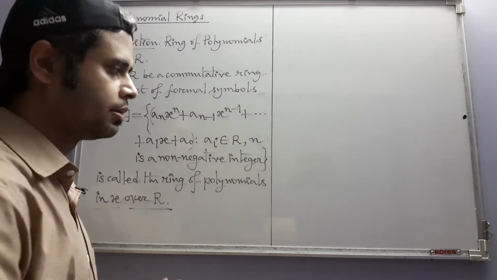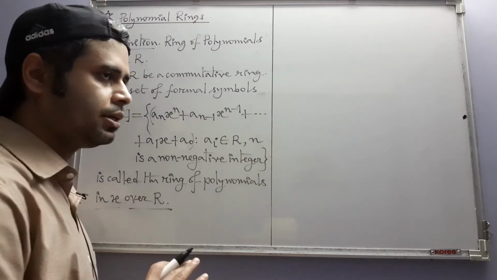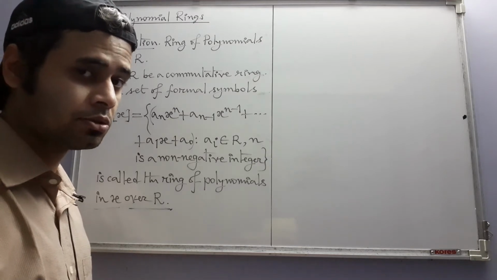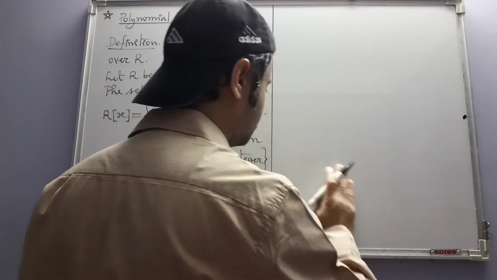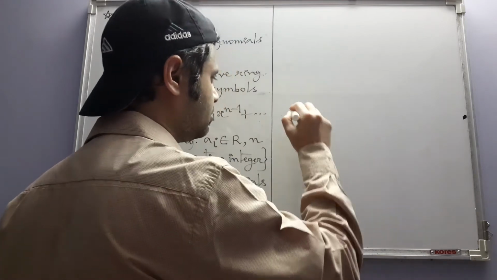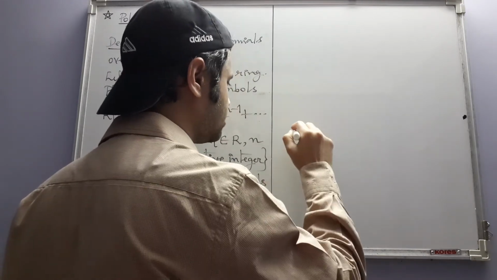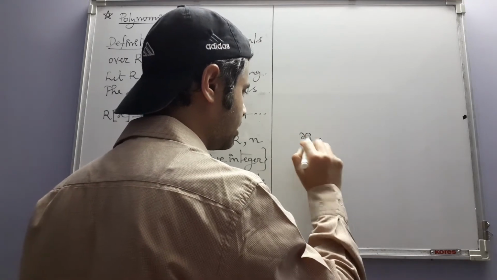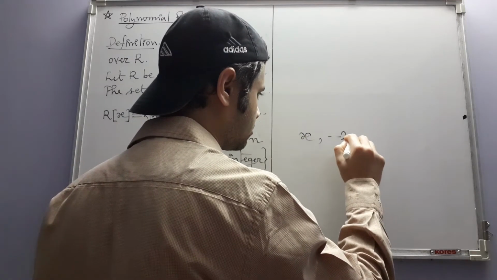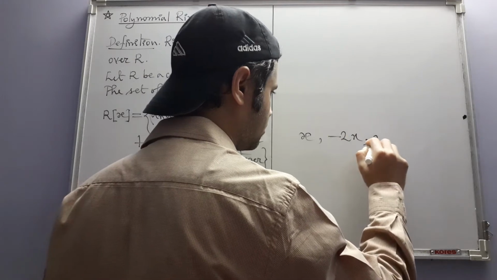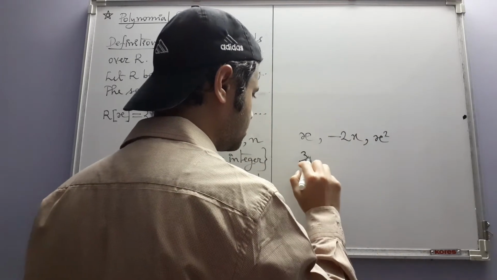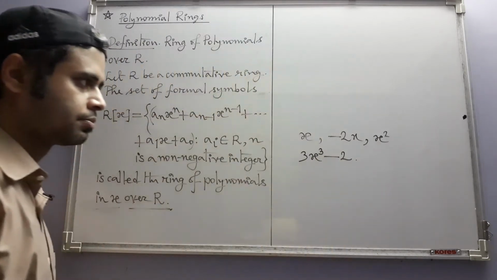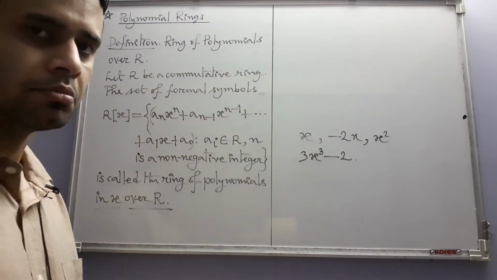We only knew about numbers, addition, multiplication, subtraction, division, those operations. But when we were introduced to algebra, the first things we saw are symbols like this: x square, 3x cube minus 2, etc. Many such symbols.